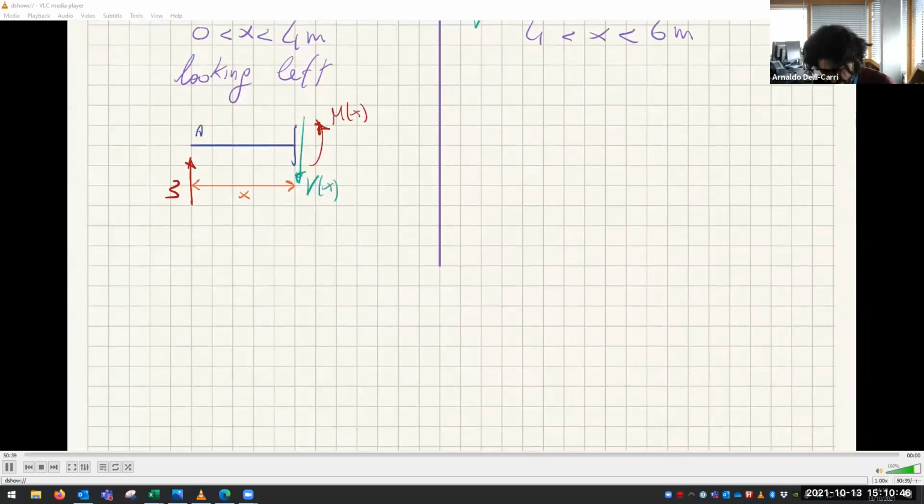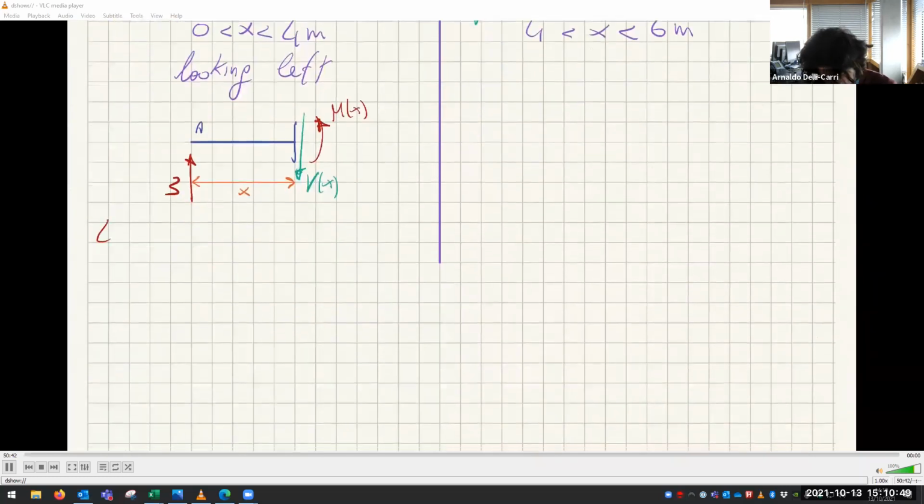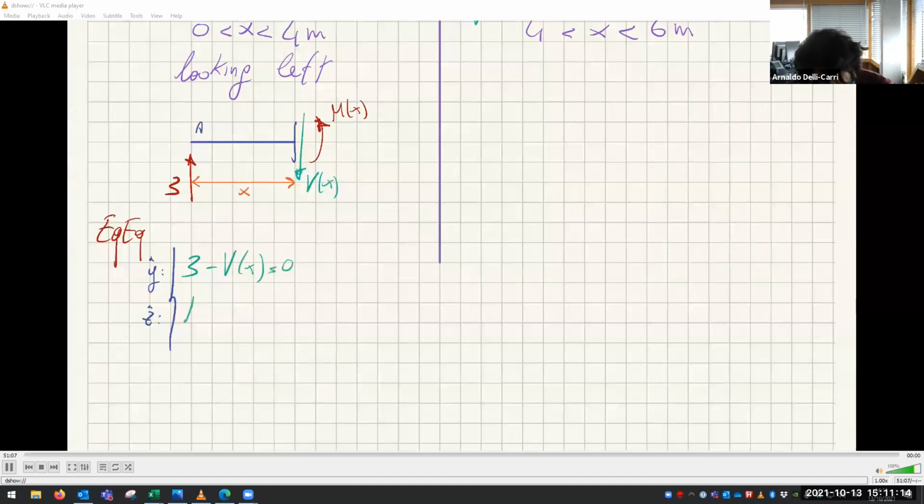And so if I do the equilibrium equations now, I only need 2 equilibrium equations because the normal force is 0, so I don't need the horizontal ones. I get here that 3 minus V of X is 0, and M of X minus 3X equals 0. Agreed?